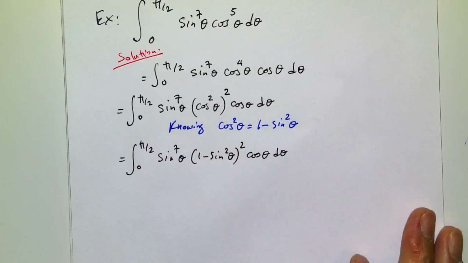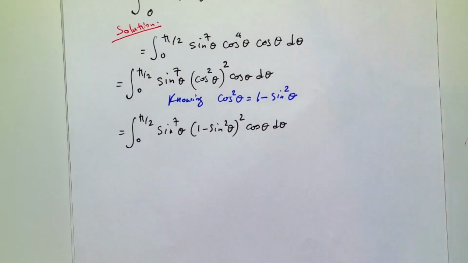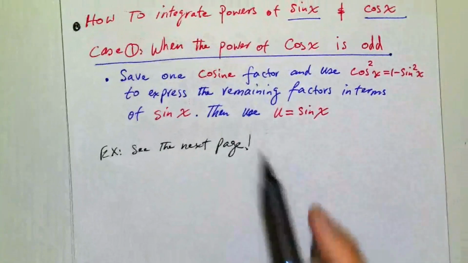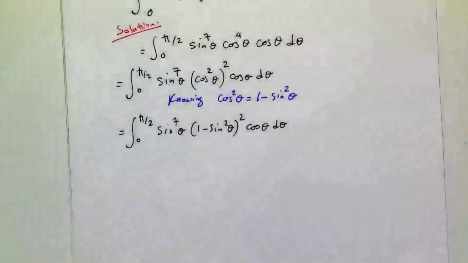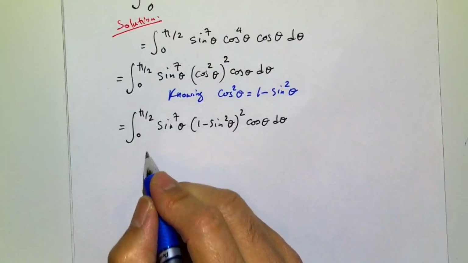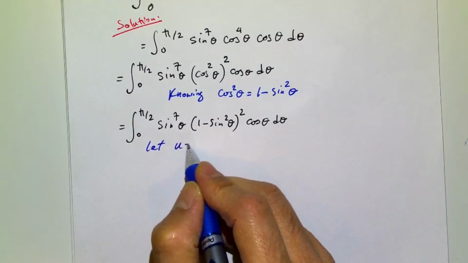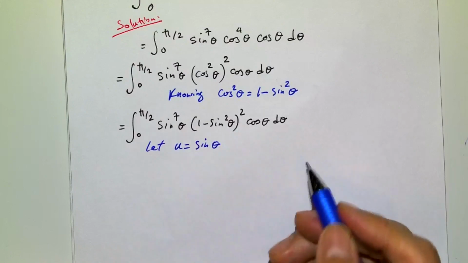Now that we have figured this out, we need to substitute, as it said, u equals sine x. So let u equal sine theta, because we're using theta instead of x.